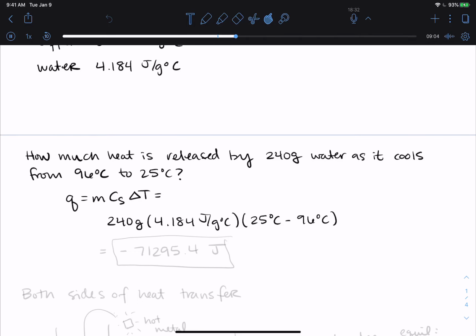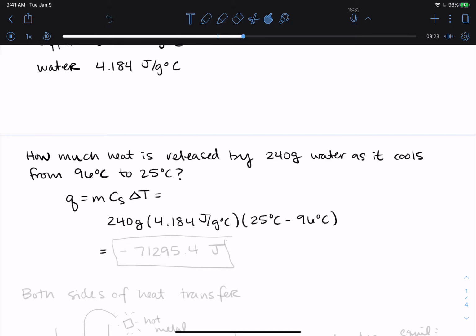The order of the delta T is vitally important to doing these problems because this is the part that ensures you get the correct sign for your heat value. Our water is giving off heat, so we should expect this heat value to be negative. And if we do 25 minus 96, we do get a negative value.